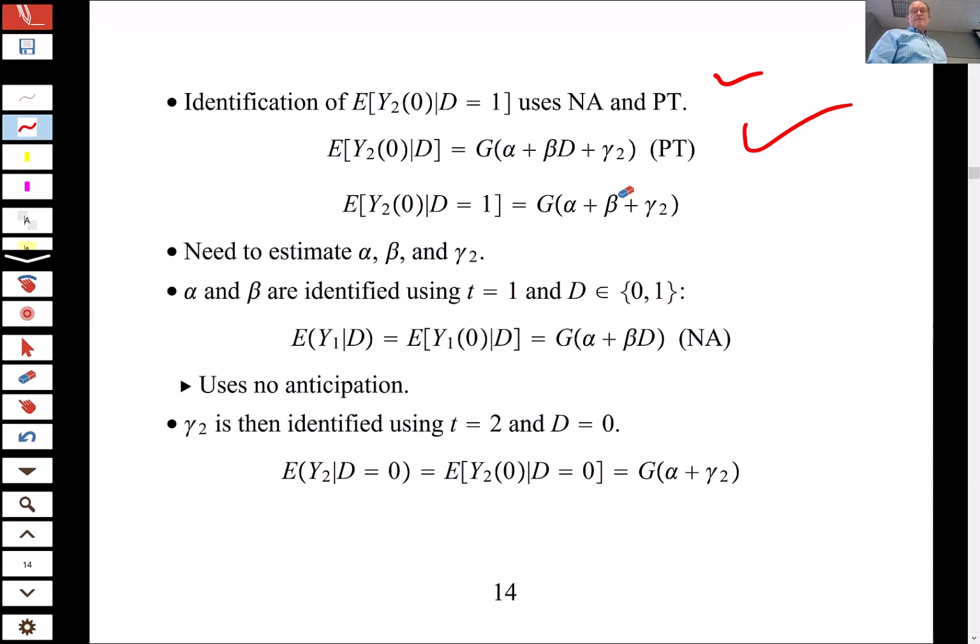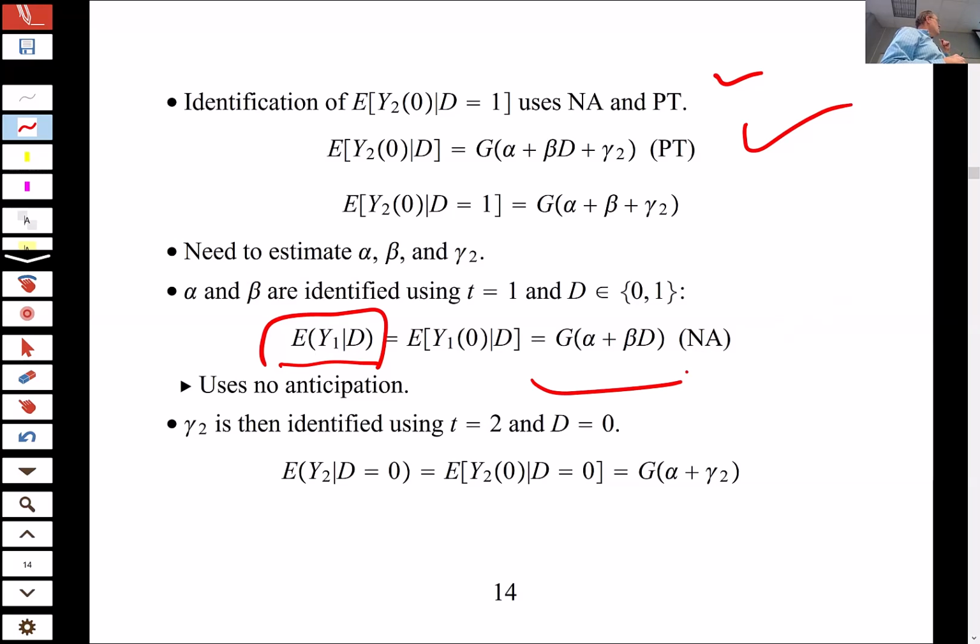So this is our observed variable. In the first period we have treatment and control. If you wanted to, you could estimate this by nonlinear least squares. In practice, we're going to use something like logit, Poisson regression, something like that. At least in economics, those are the common things to do.